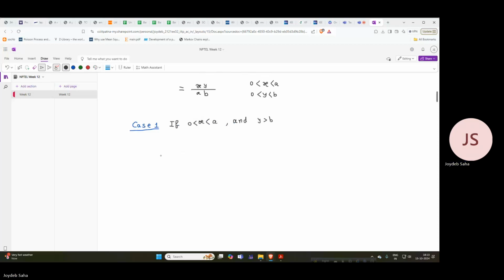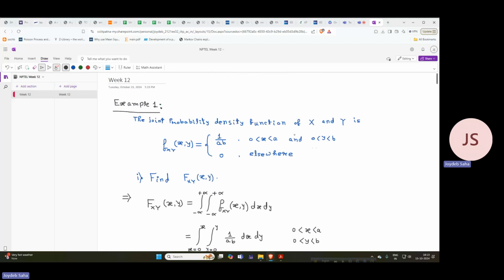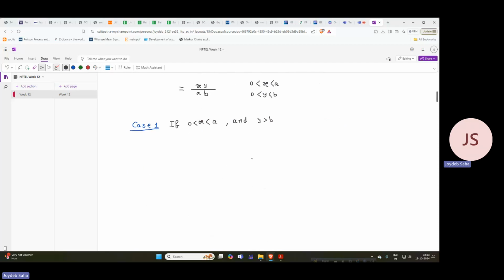Then x lies here and y is greater than b. We know that in the limit it is stated that y is 0 to b. So if y is greater than b, then capital F of xy will be simply x upon ab, and the value of y will be b. So it is x upon a.